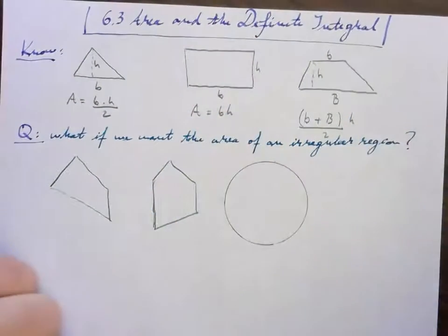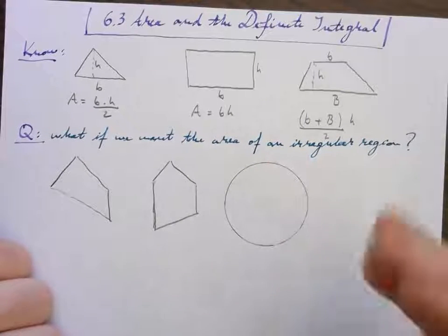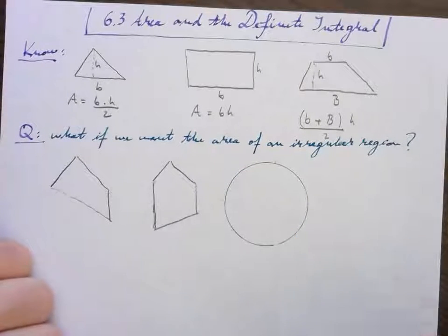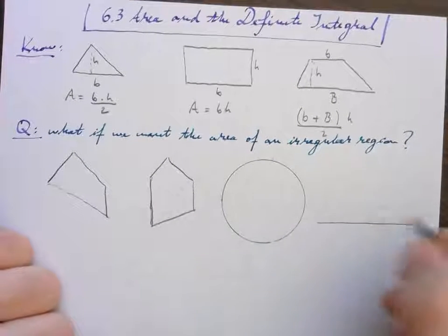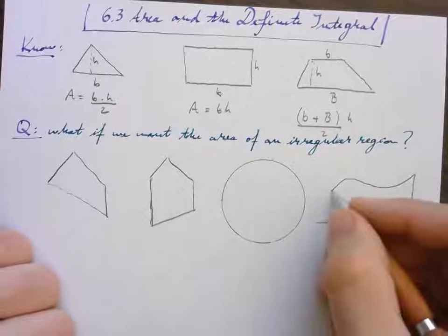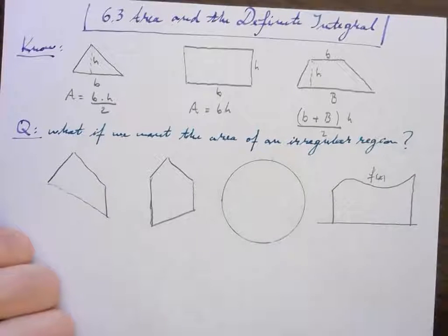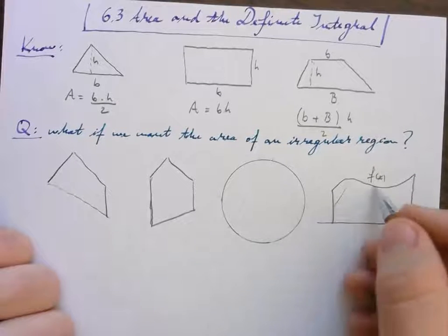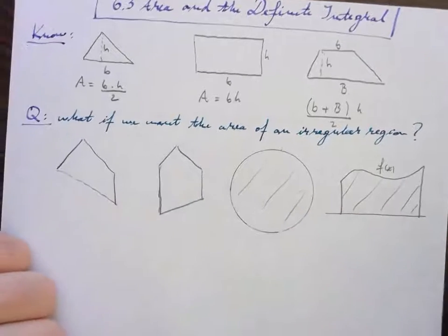For that one we happen to know the formula, but if the shape is oval or some other type of curved shape, we have this. Or more generally, we can have what we're going to talk about in this class, a region that is defined by the graph of some function, right? The question is, how do we calculate all of these areas here?